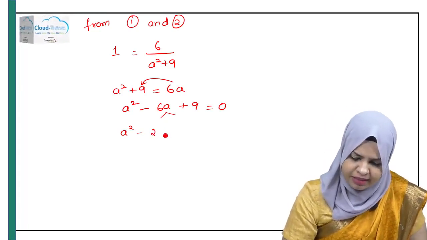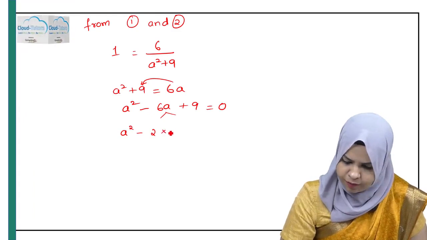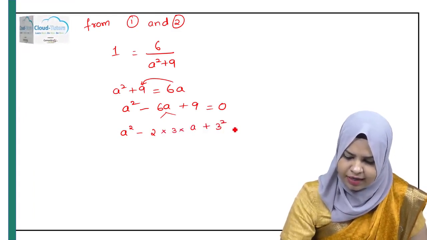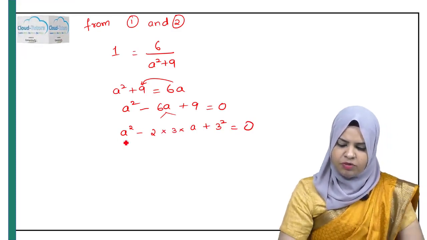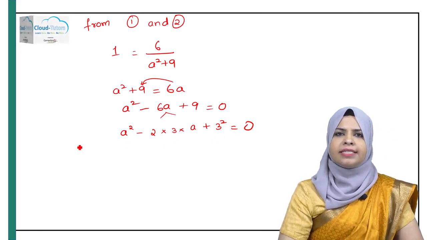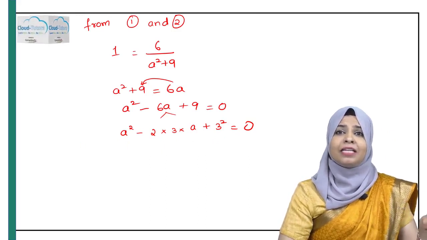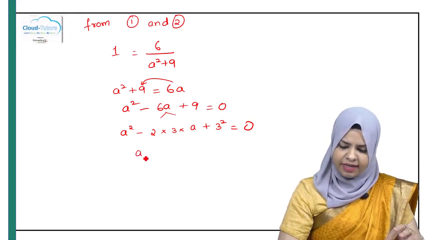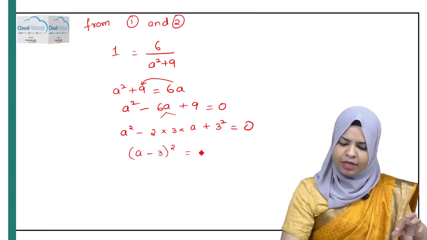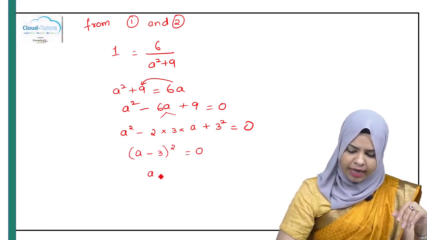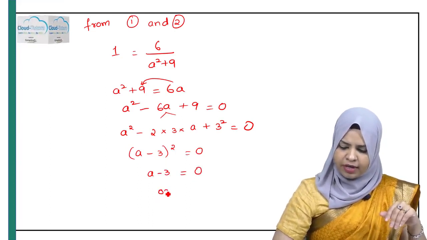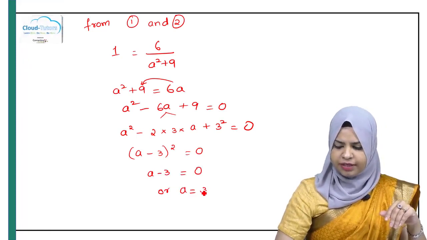I can split this as a square minus 2 into 3 into a plus 3 square equal to 0. As you all can see, it's like the identity a minus b the whole square. So I can write this as a minus 3 the whole square equal to 0, or a minus 3 is equal to 0, or a is equal to 3.